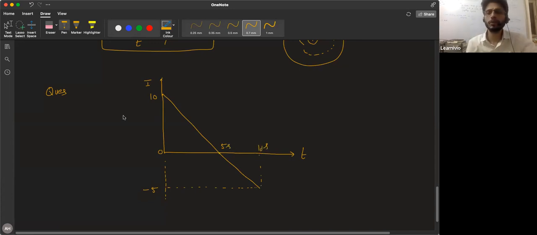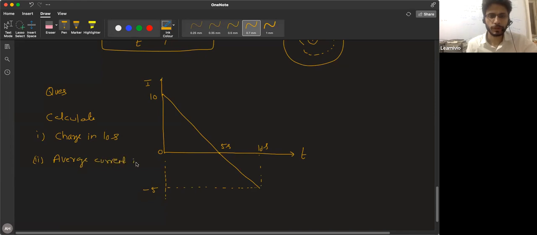Using this current versus time graph, calculate first, the charge in 10 seconds. Second, the average current in 10 seconds.